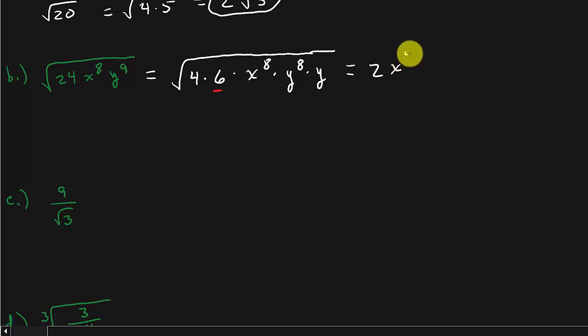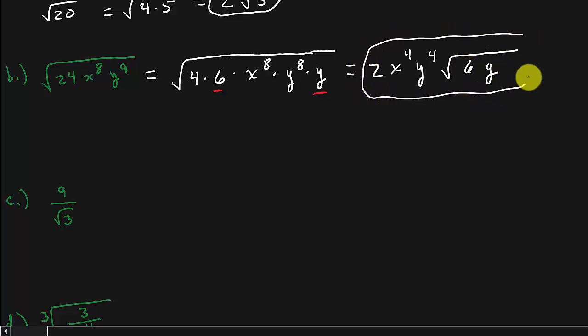So that's x to the 4th. And then 2 goes into 8 4 times. So that's y to the 4th. And then if we look at the y here, 2 does not go into 1 evenly. So the y has to stay underneath. So that's times the square root of 6y. And this would be your answer.